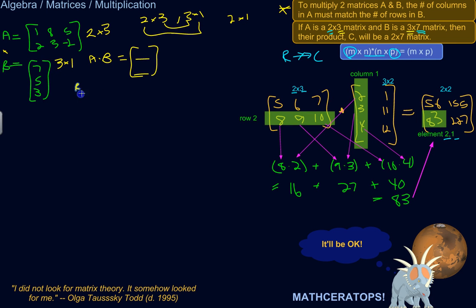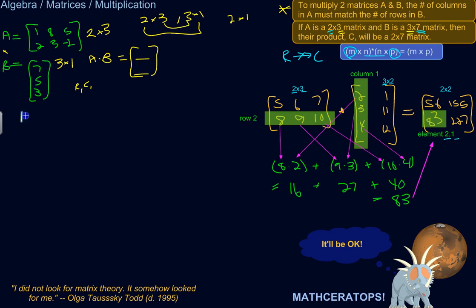Row 1, column 1. That means I multiply the first row of matrix A by the first column of matrix B. Okay, so I multiply the corresponding elements. So the first element in the first row by the first element in the first column. Second element in the first row, second element in the first column. Okay, so let's do that.